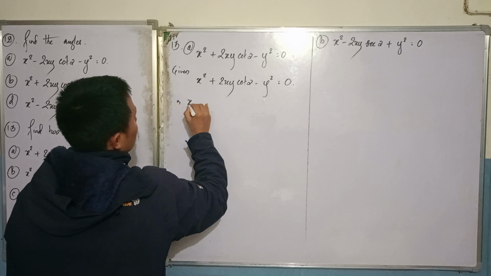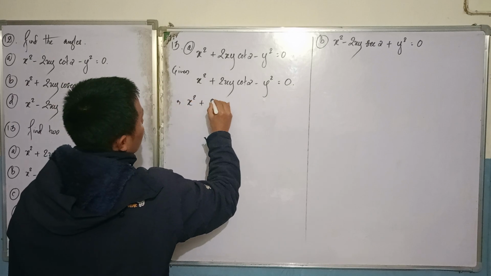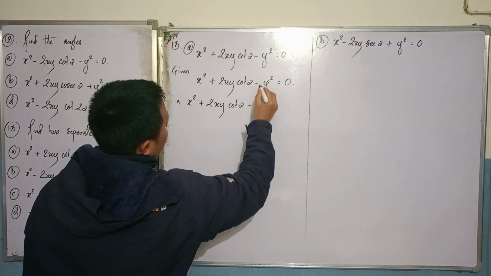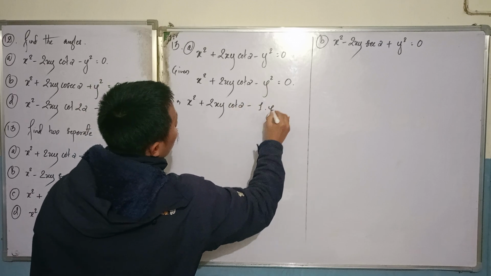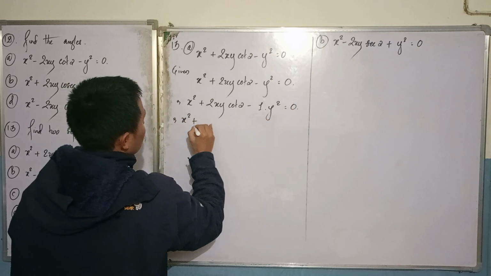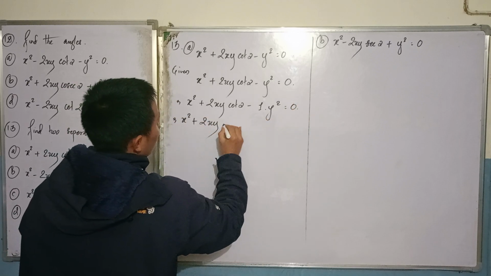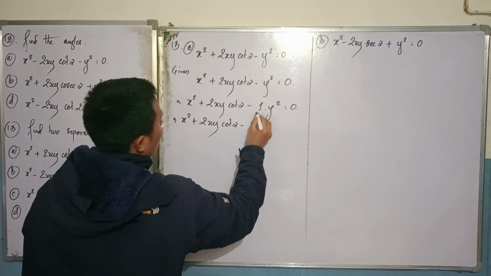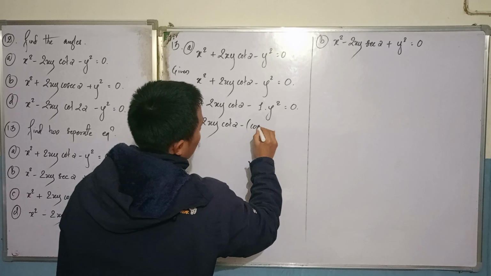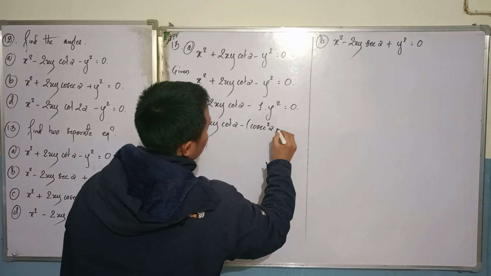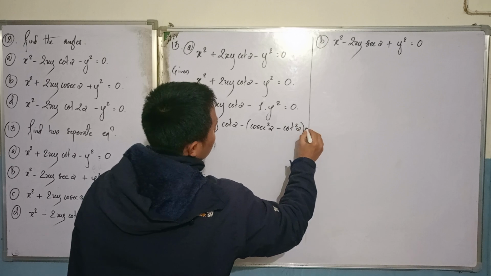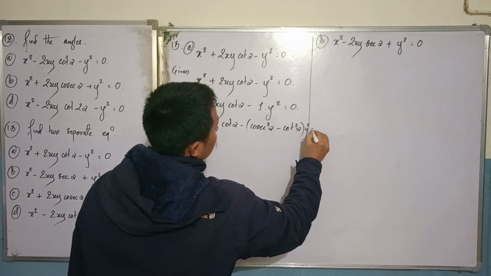In 2xy cot alpha, where nothing is written, there is always 1. Now x squared plus 2xy cot alpha, and 1 can be written as cosec squared alpha minus cot squared alpha, with y squared already there, equals 0.